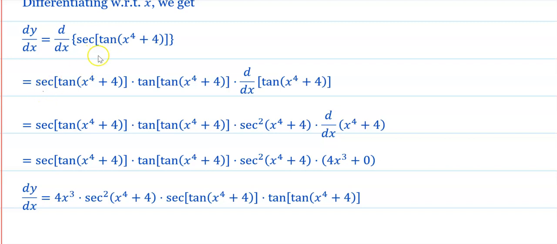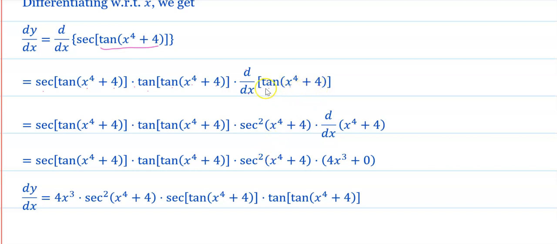Similarly here, sec of tan of x raised to 4 plus 4 into tan of x raised to 4 plus 4, this is complete. Next, we'll find out again the composite part, which is that tan of x raised to 4 plus 4, again into d/dx of tan of x raised to 4 plus 4.